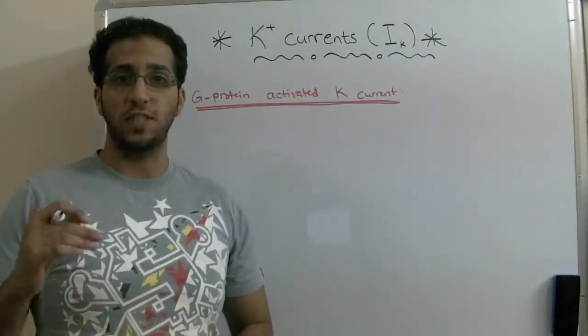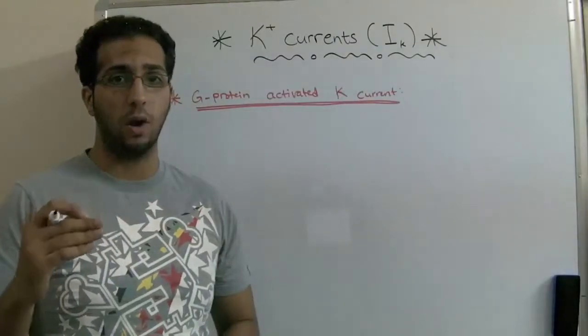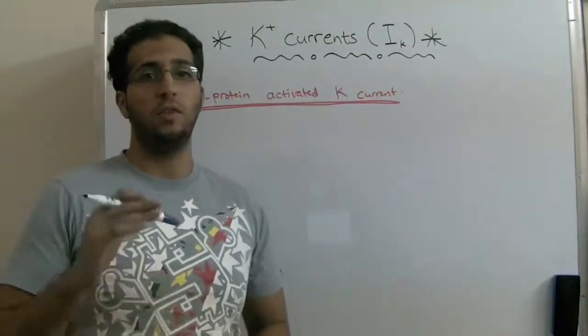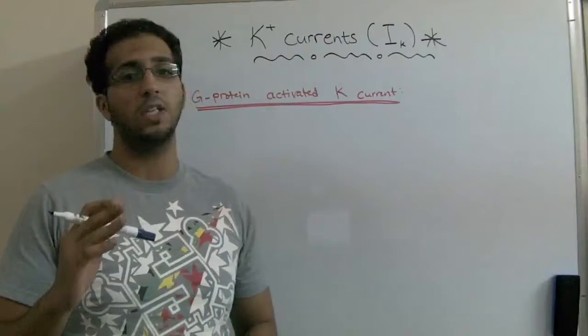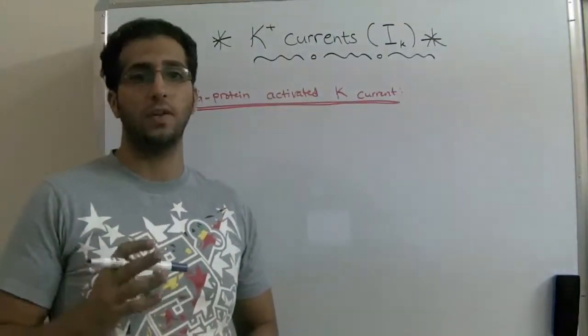There are a series of steps for activating the potassium currents due to the G protein. The first step is the vagal stimulation of the sinoatrial node and the atrioventricular node.